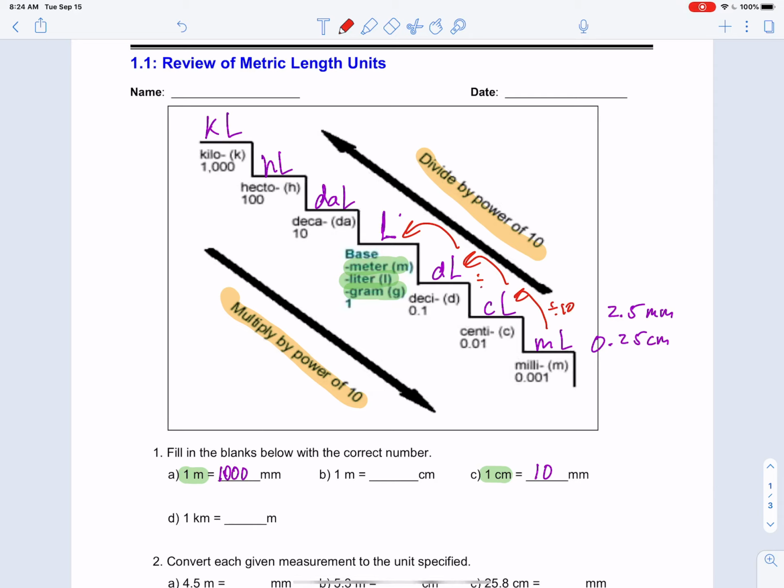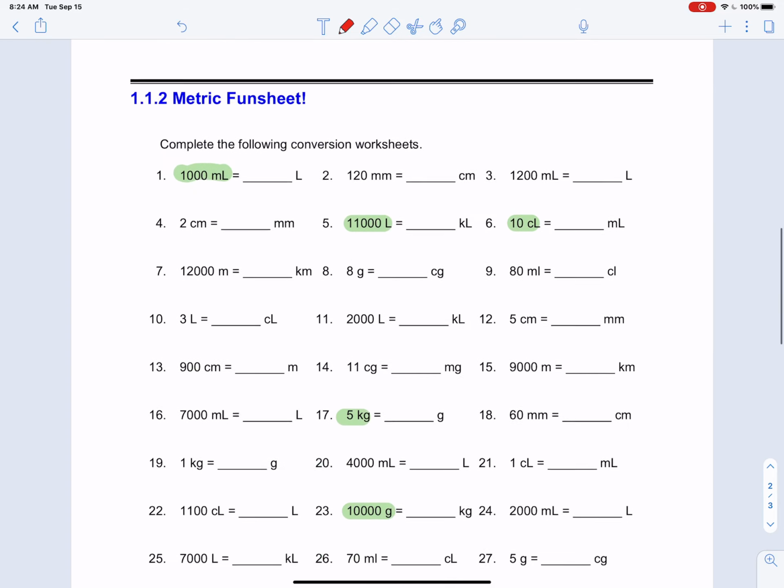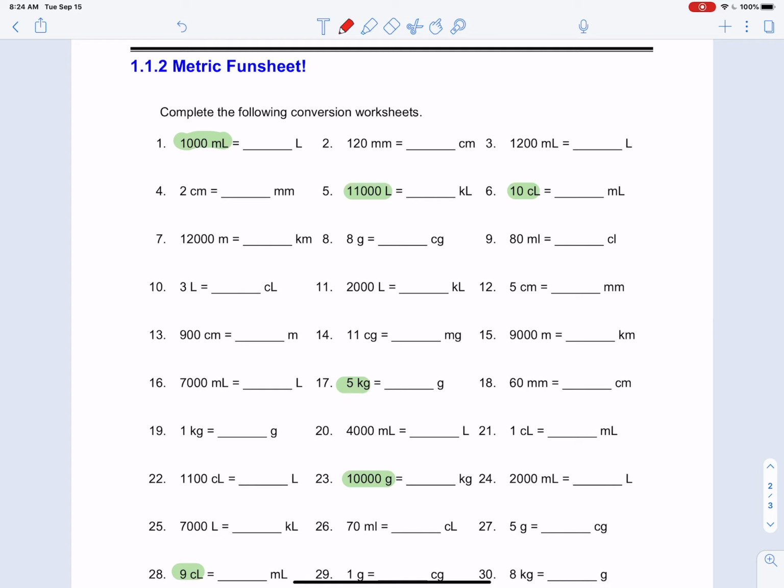So you take 1,000 and move that over 3 spaces, in which case you'll find that that's exactly equal to 1 liter, because you've got 1 to the left, 2 to the left, and 3 to the left. And obviously, if you have 3 zeros, you're not going to write that. You're just going to write that as a 1. So this becomes 1 liter.